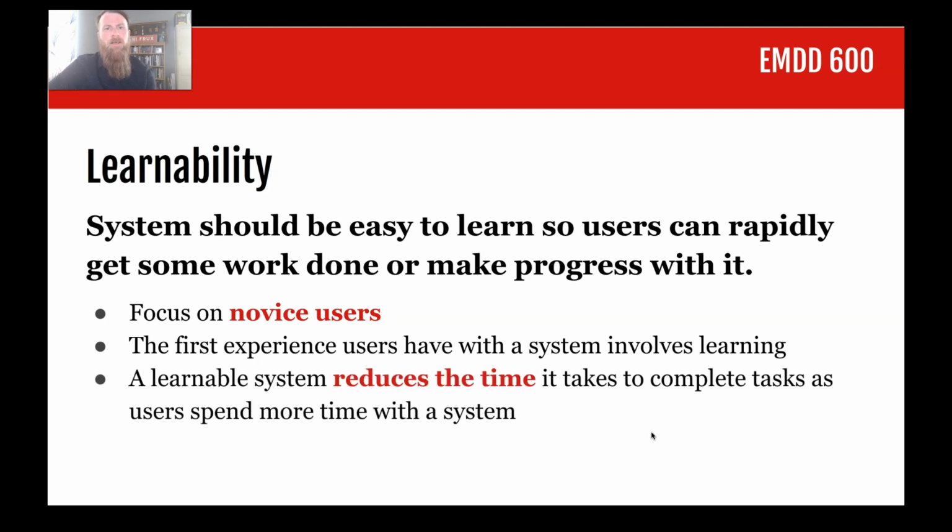And generally speaking, a learnable system reduces the amount of time that it takes to complete tasks as the users go from novice to a bit more experienced with it. So you shouldn't be consistently having the same issues that you run into in terms of learnability. You should be able to reduce that time over time.